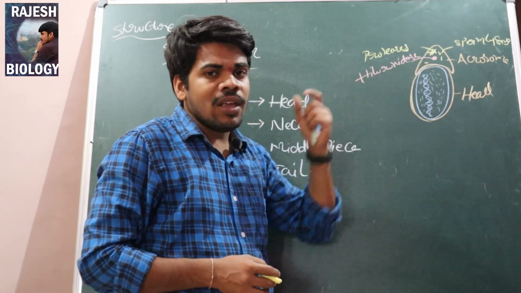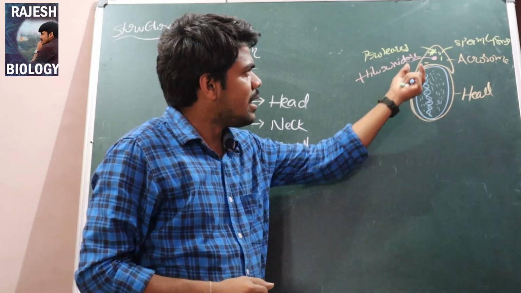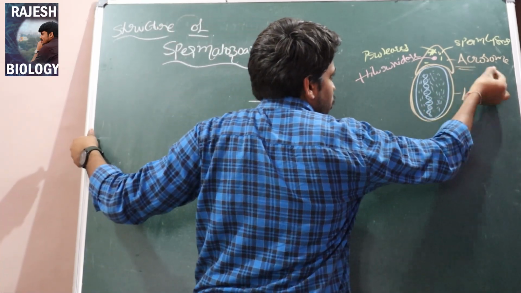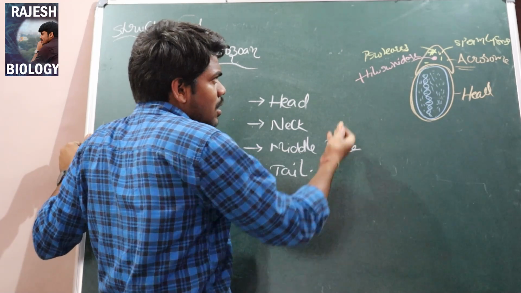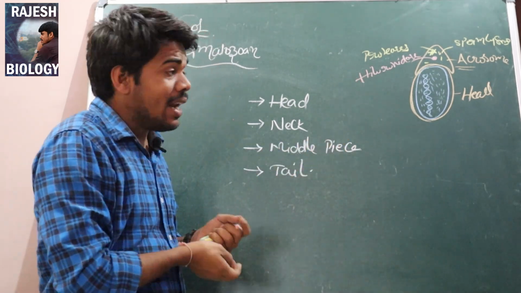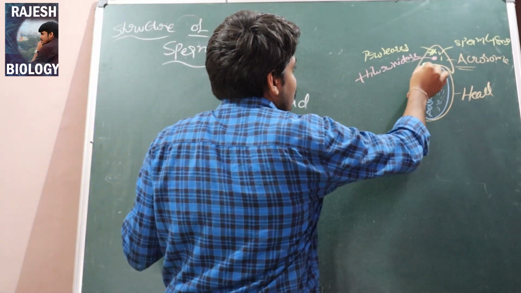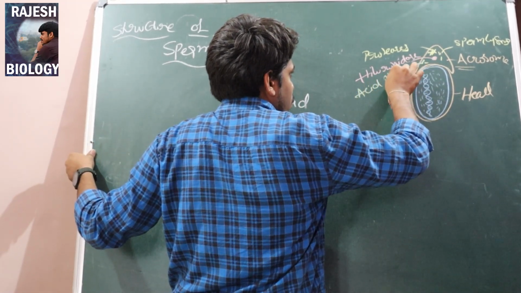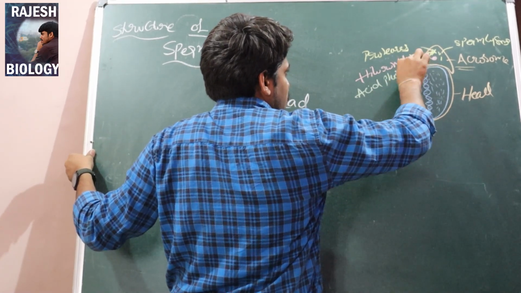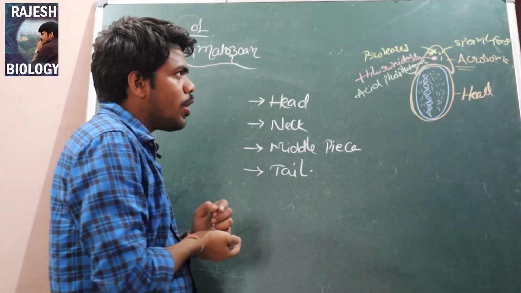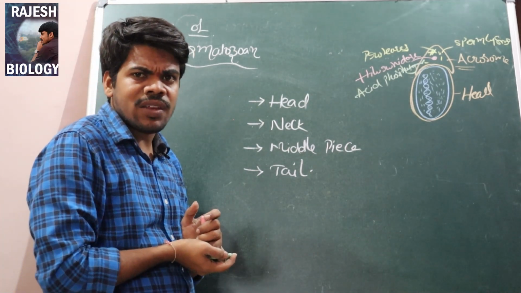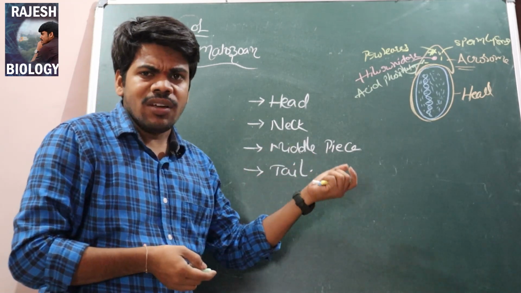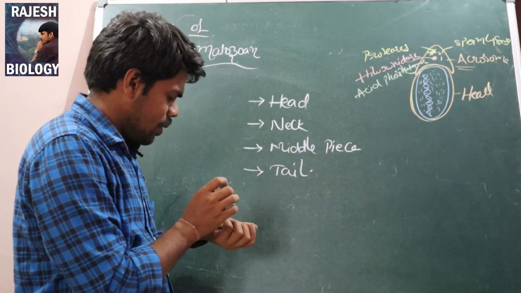These enzymes are very, very helpful, and all these enzymes are present in a cap-like structure called the acrosome. Acrosome contains several enzymes like proteases, acid phosphatase, hyaluronidase, and some sperm lysins which can digest the egg layers to help in the fertilization.